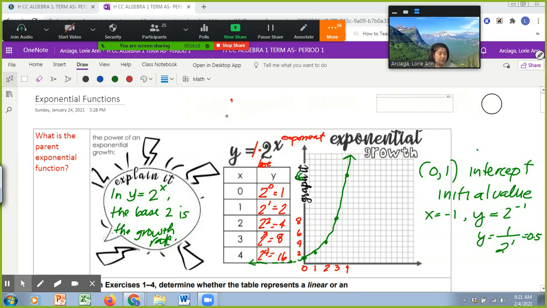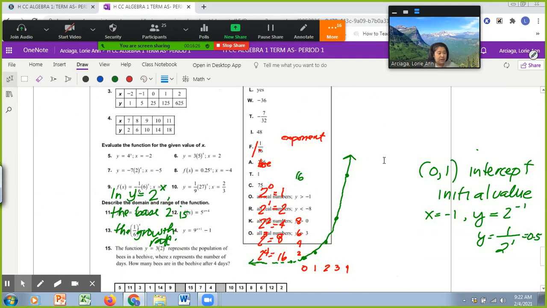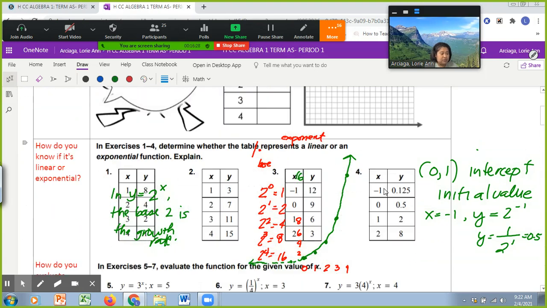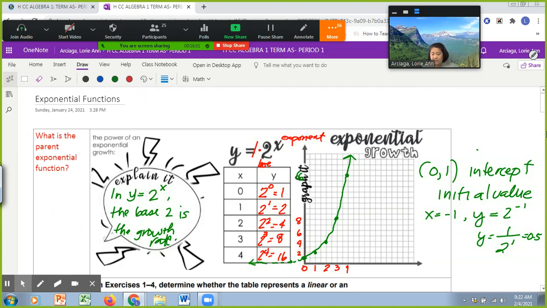So in the chat box, I'm going to write a function. You're going to tell me what the initial value is and what the growth rate is, okay? So y is equal to 3 times 2 to the x. What's the initial value?